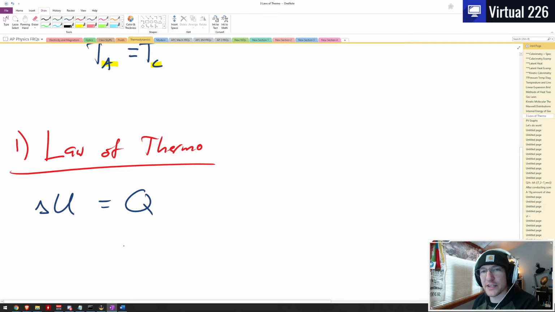This heat energy can either be put into the system or taken out of the system, plus some amount of work. And this work can either be done on the system or done by the system. In some textbooks, you may see that this positive sign pop up as a negative. We're going to keep it positive for us.